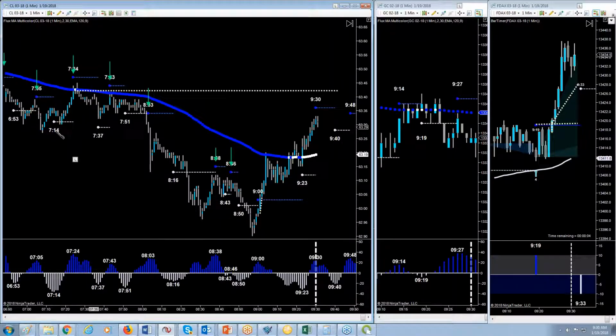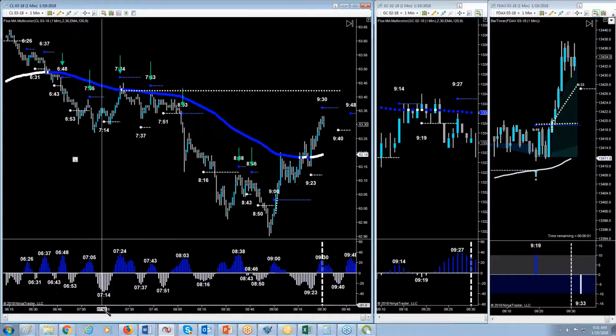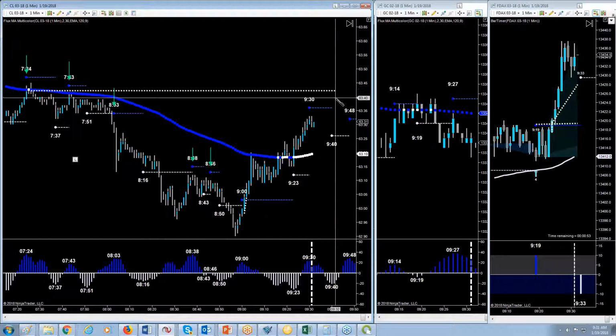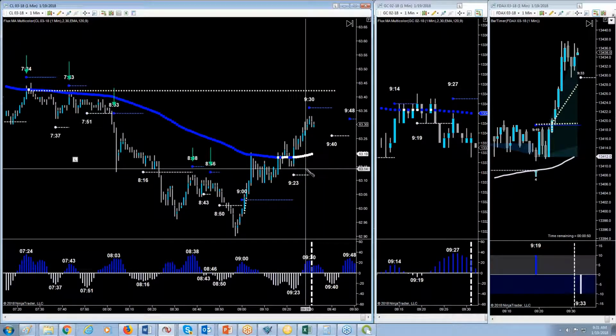On crude, you have that structural resistance right here, those of you that use support and resistance. Okay, so 9:30, 9:48, you'll see people try to get above there, and you'll watch it get pushed right back down.